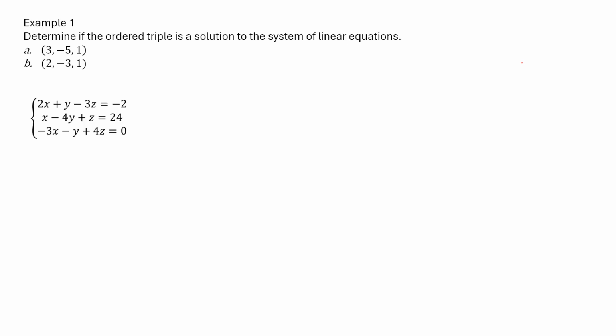So let's just determine if the ordered triple is a solution to the system of linear equations. If you look at part A and you put that point into every single equation and it works, you'll know that it is a solution to the system. So if I put in 3, -5, 1 into the first equation, I've got 2 times 3 plus -5 minus 3 times 1. And that is going to be 6 minus 5, which is 1, minus 3 is -2. So that works.